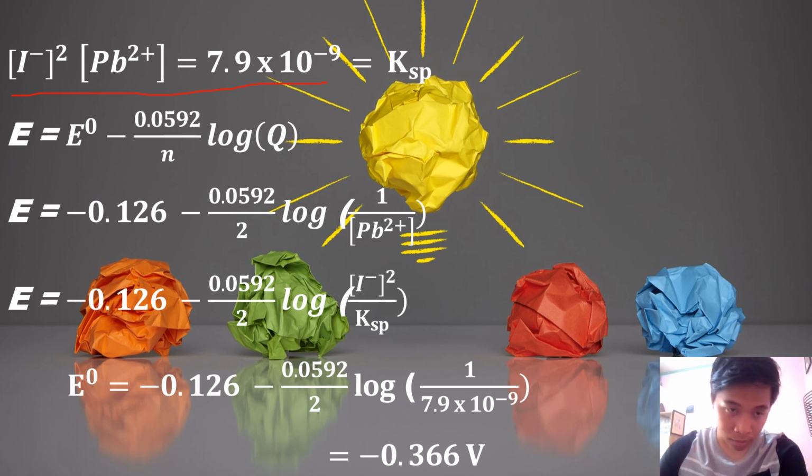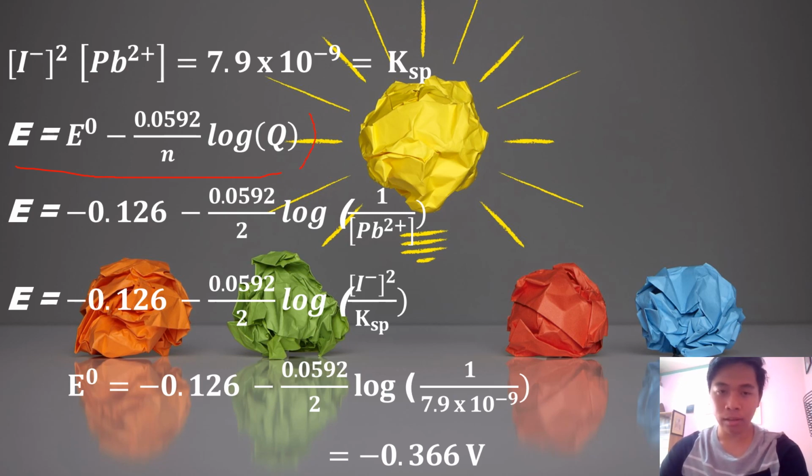This value right here is the E standard cell potential of the E indicator half cell reaction. Just to clarify, it's not specified. As I have done earlier, we will use the Nernst equation, which is as follows.